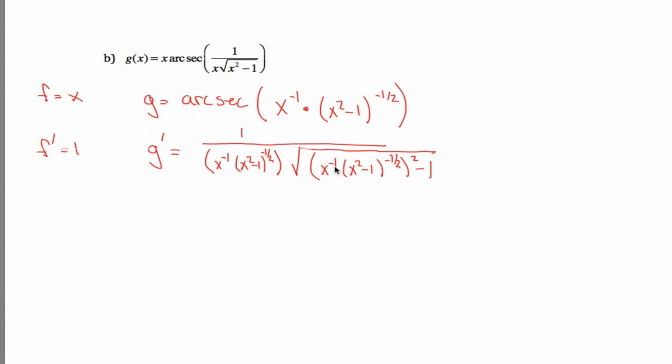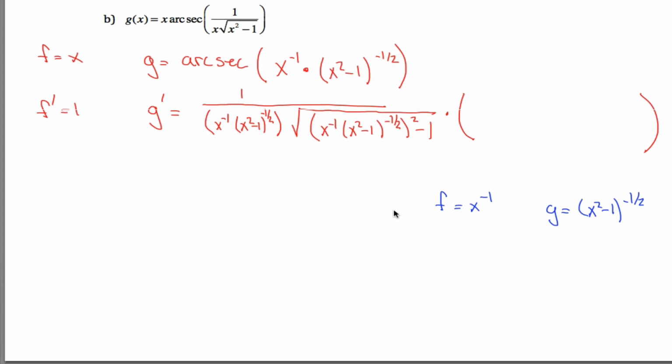This is not g prime. This is the first layer of the chain rule to figure out g prime. I've taken care of the arc secant part here. I have to multiply that by the derivative of what's in the parentheses here. To figure out the derivative of what's in the parentheses here, I'm going to have to use another product rule. I'm going to make my f be equal to x to the negative 1 power, and my g be equal to x squared minus 1 to the negative 1/2.